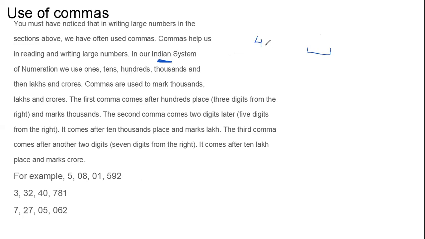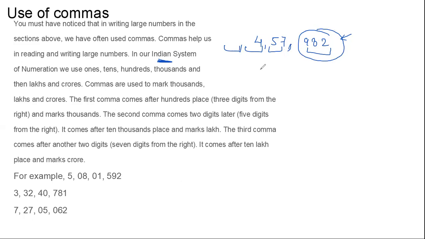Suppose if I take 4,57,980. You have to remember that the first 3 digits, starting from 1, after the first 3 digits the comma will come. Then after that, every 2 digits, the comma will come, right?